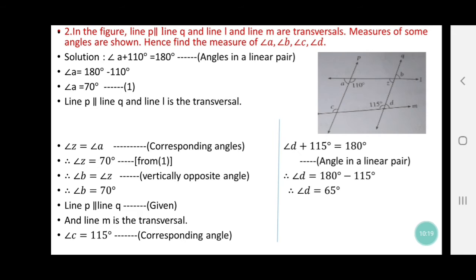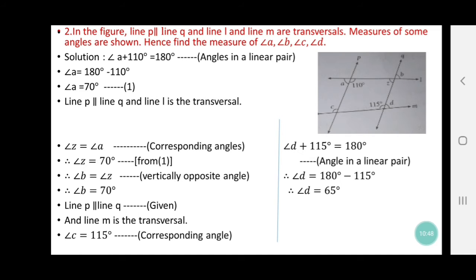As it is forming corresponding angles, angle Z will be equal to 70, right? As angle Z is equal to 70 and angle Z is equal to angle B, vertically opposite angle, right? So the measure of angle B will be equal to 70 degrees. Fine. So angle A is 70 degrees and angle B is 70 degrees.